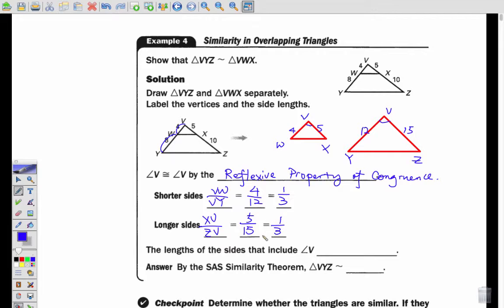Voila, look at that. So the length of the sides that includes the angle V are proportional. And the scale factor is 1/3. So now we can draw the conclusion. The similarity statement is triangle VYZ is congruent to triangle VWX.